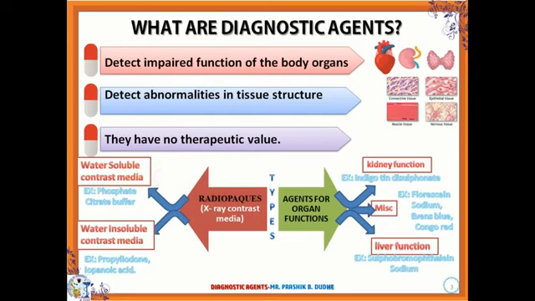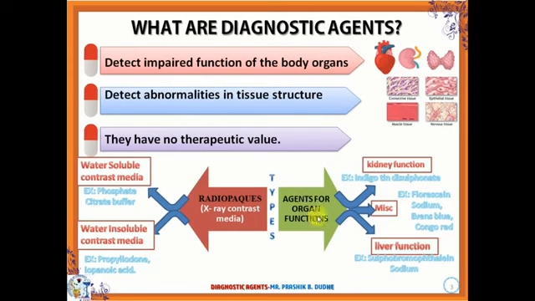So first is water soluble contrast media, for example phosphate citrate buffer, and water insoluble contrast media, for example propyliodone and iopanoic acid.